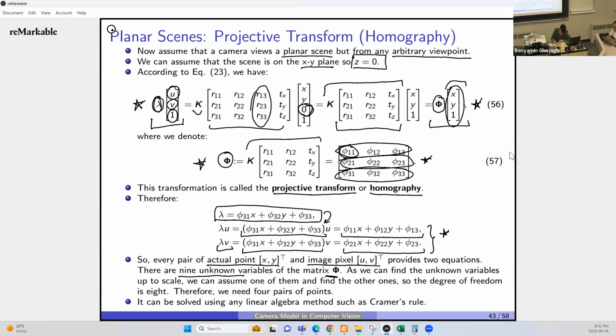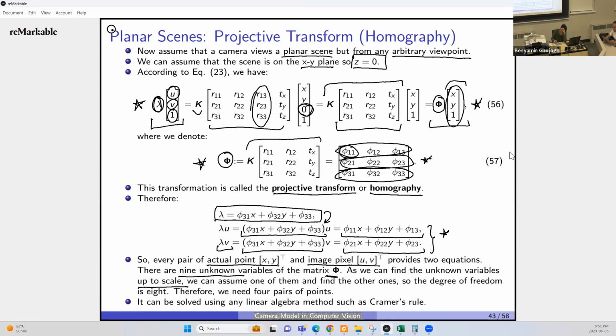We can find the unknown variables up to scale, and this is an important thing. We can assume one of them is something and find the rest of the elements based on what we chose for that one. So it doesn't matter if we have a scale or not.